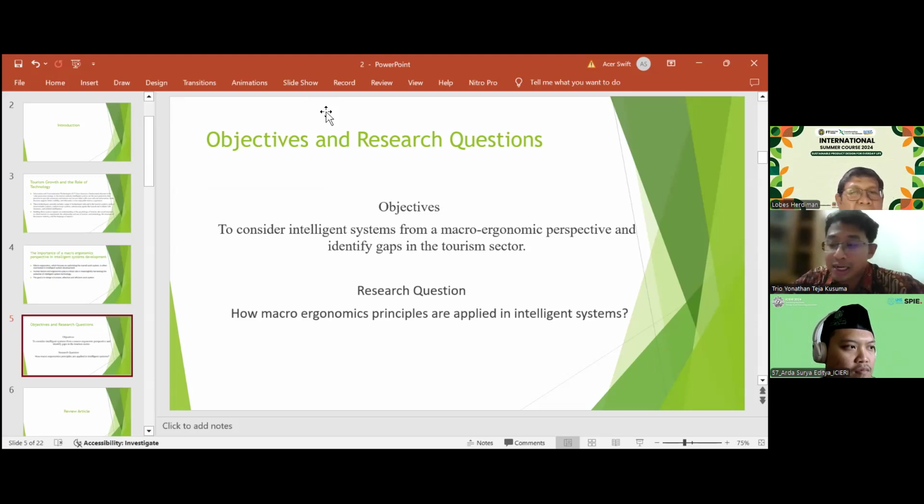This is so interesting for me. So in the first part of my research, we will see how macroeconomic principles are applied in intelligent systems.